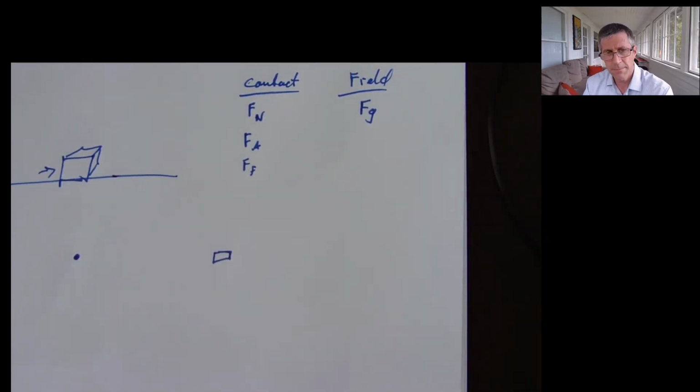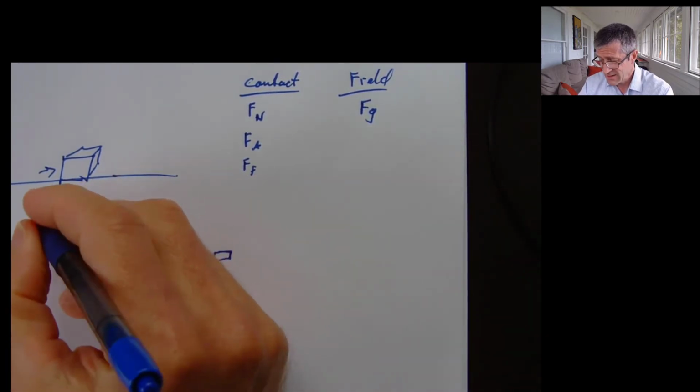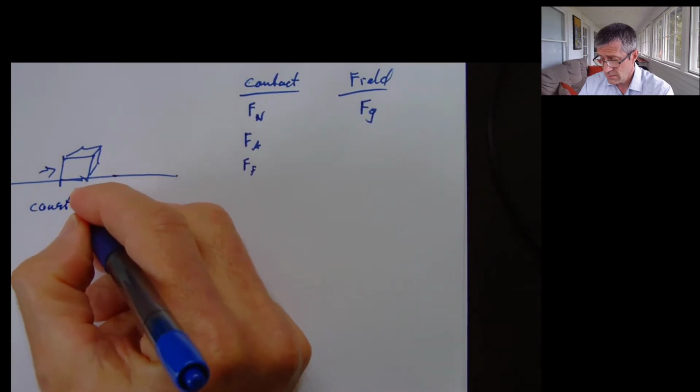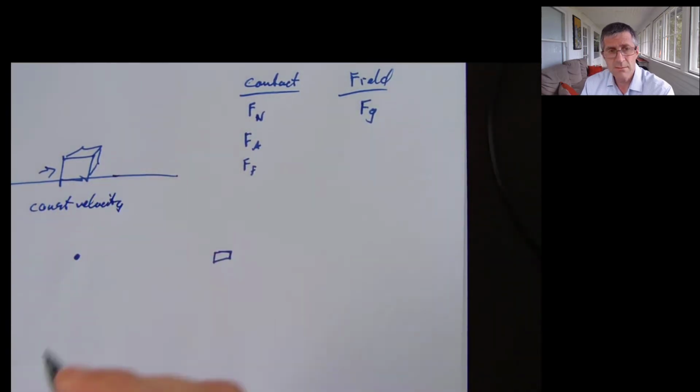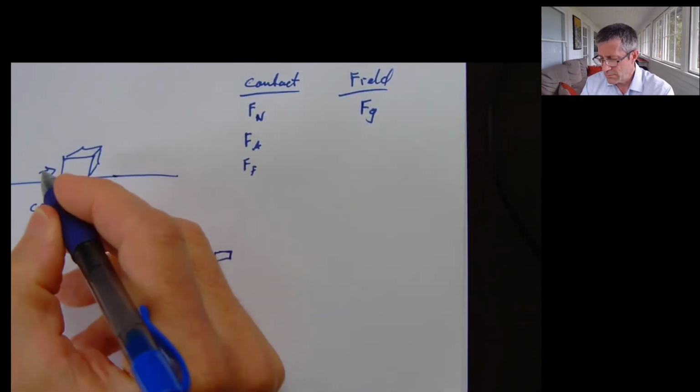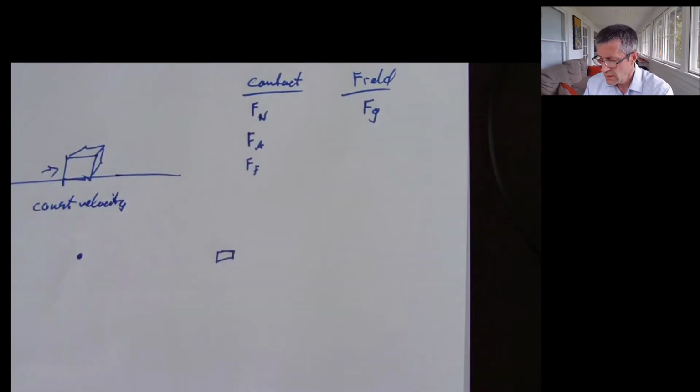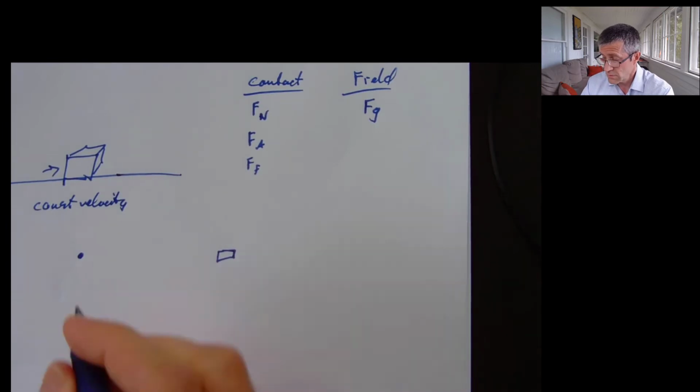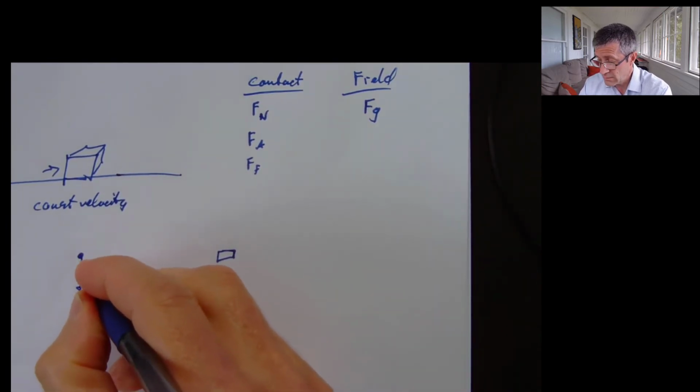On this one, if this is moving at constant velocity, so I'm pushing it in one direction and it's dragging along the floor, there's going to be some friction acting on this. I'm going to end up having all 4 of these forces. I'm going to have the force of gravity pulling it down.